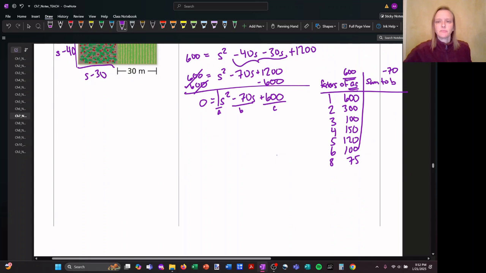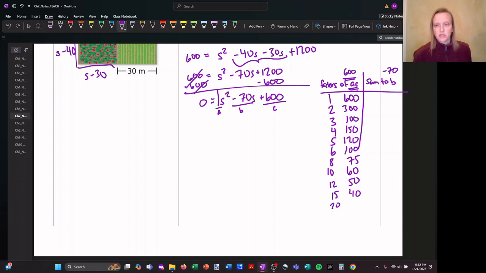Scroll down a bit. 10 times 60 works. 12 times 50. 15 times 40. 20 times 30. And 24 times 25. So if all of these factors, and remember, these do both have to be negative. So these are all negative all the way down.